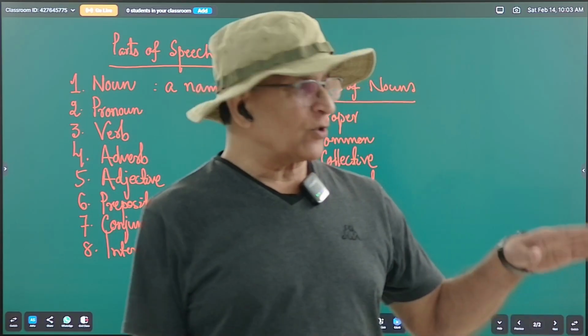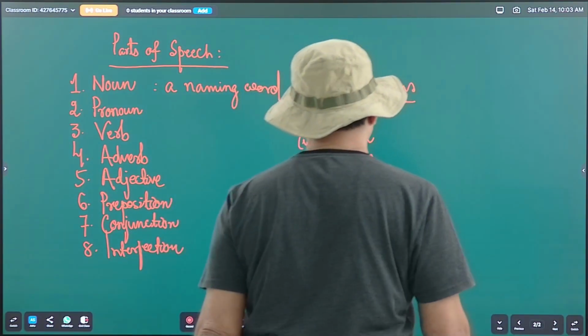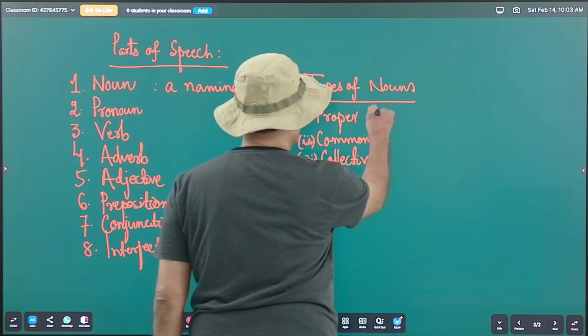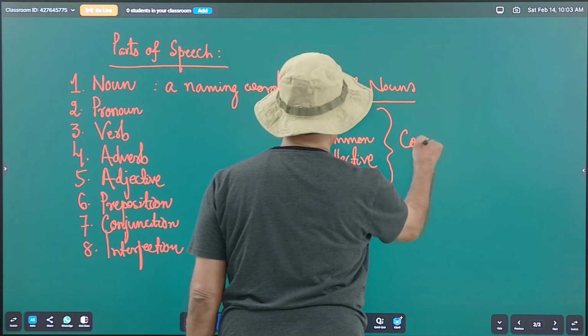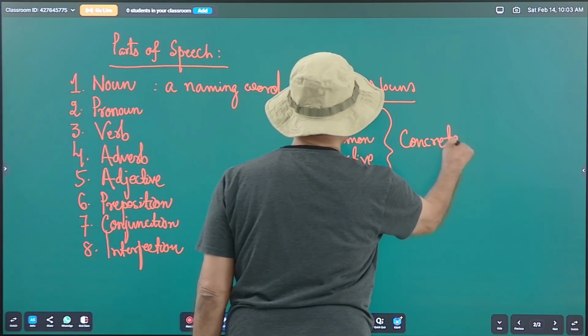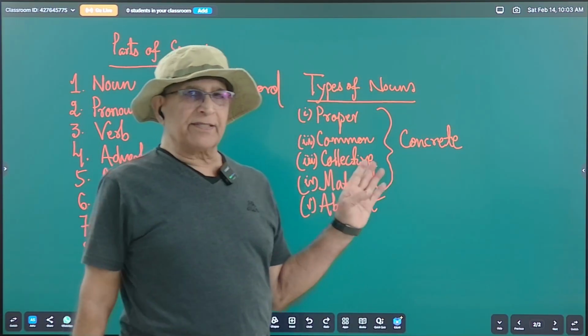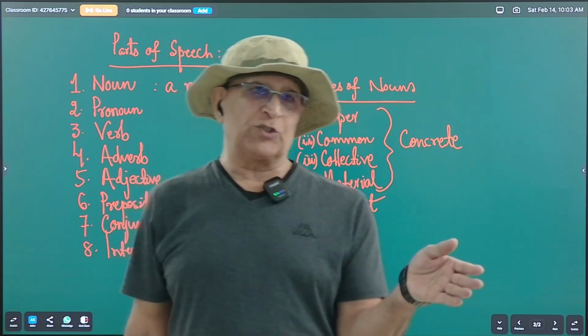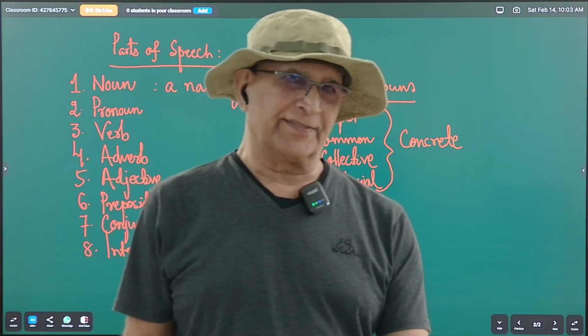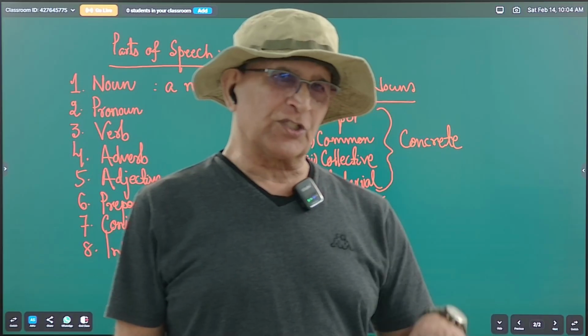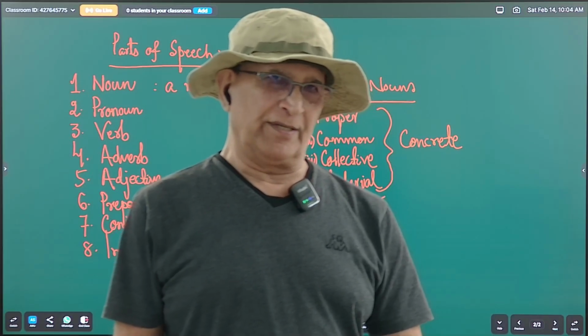So nouns, all these 4 are concrete nouns. These 4 are concrete nouns. Concrete doesn't mean that it is the material by which you construct our buildings. We are not talking about that concrete. We are talking about which is touchable, which is perceivable.